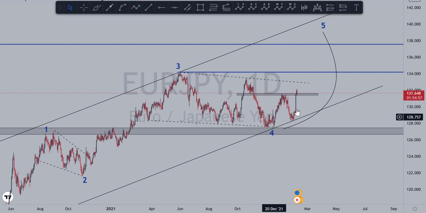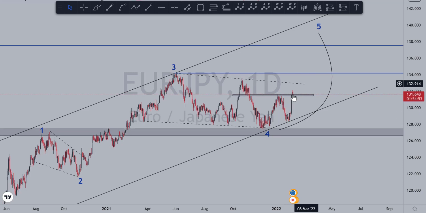Then from this order block we have this impulsive movement. So what I'm expecting here is just a situation where price is gonna correct, just retest this swing point here and continue to the upside.